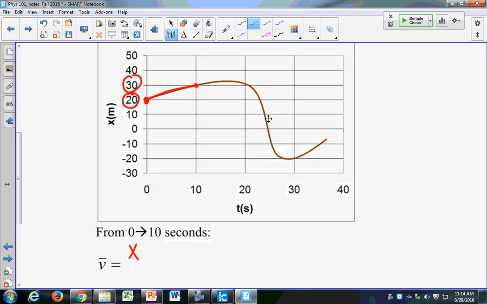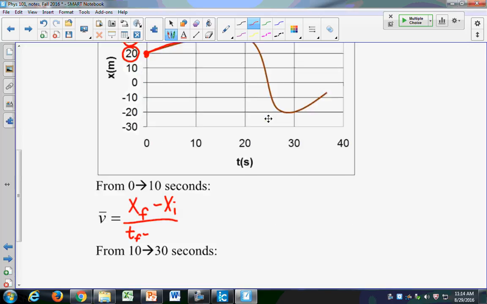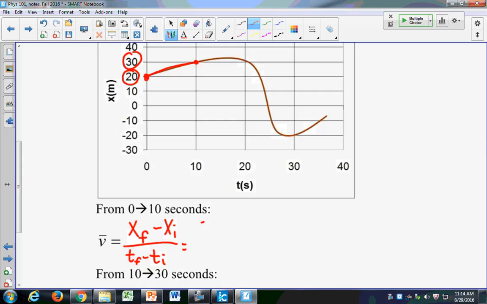So I'm going to have x final minus x initial over t final minus t initial. X final is 30 minus 20, divided by 10 minus 0. It's going to be 1 meter per second. That would be finding the average velocity between these 2 points.